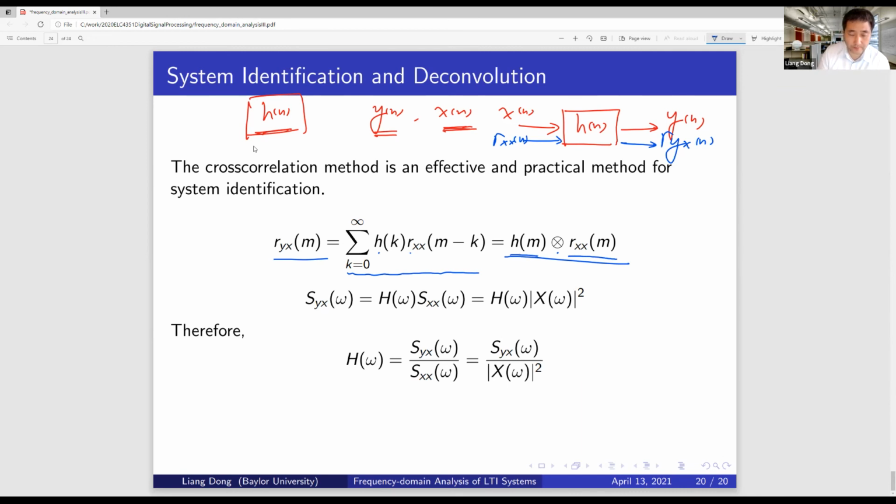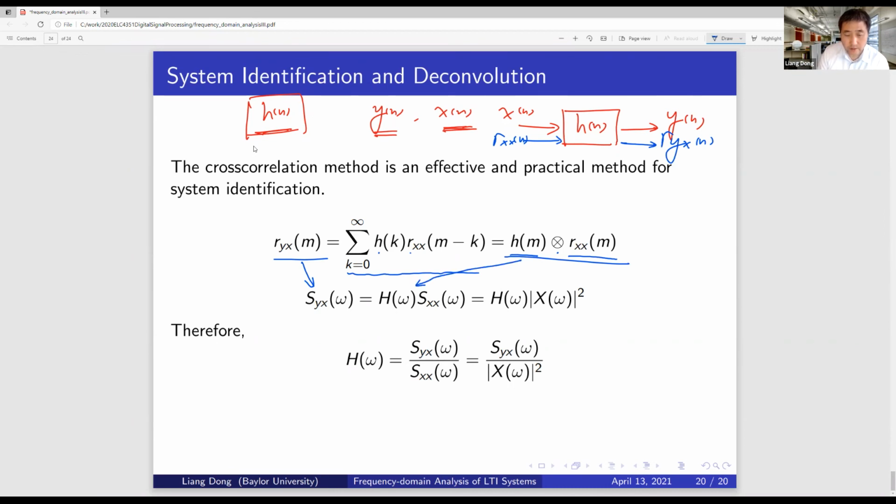Taking its Fourier transform, this becomes S sub YX. We also call that a cross spectrum, though physically we don't have that kind of signal of X and Y. It's cross correlation, so it's called a cross spectrum. Equals, we take a Fourier transform.